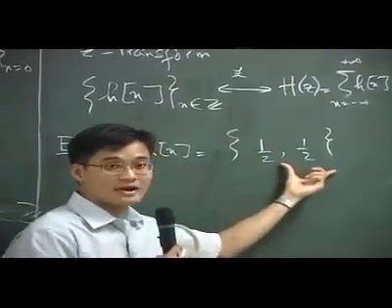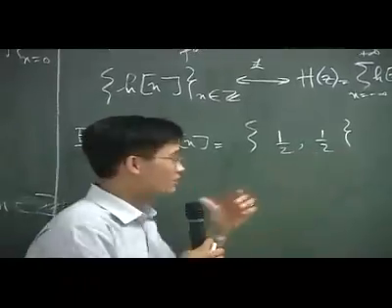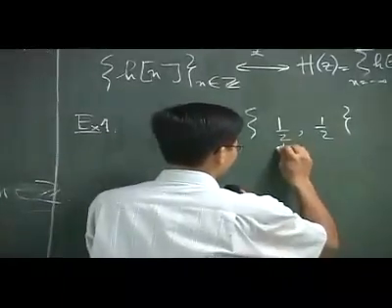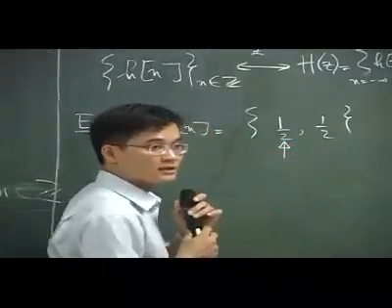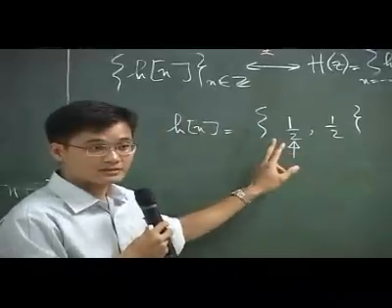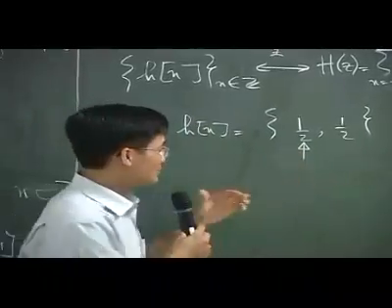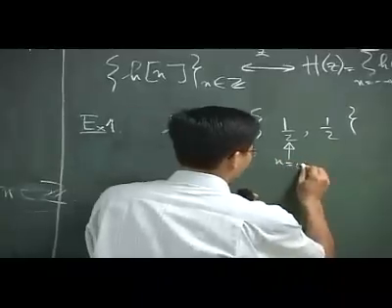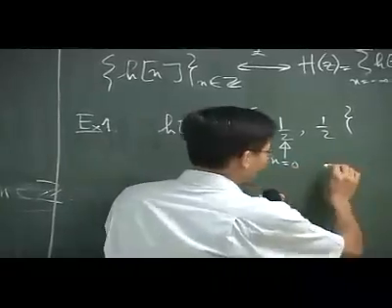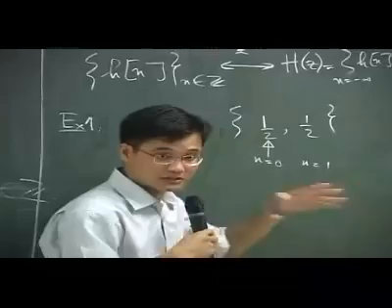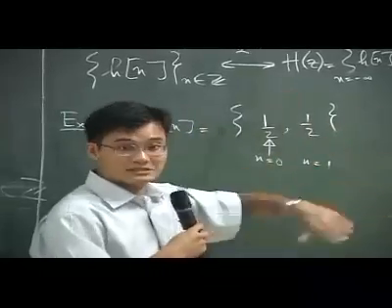And I need to know where the origin is, right? The notation I sometimes use is I just put an arrow here. So that is the origin. This is where n equals 0, and then you know that the next one is n equals 1, and so on. And outside that is 0.